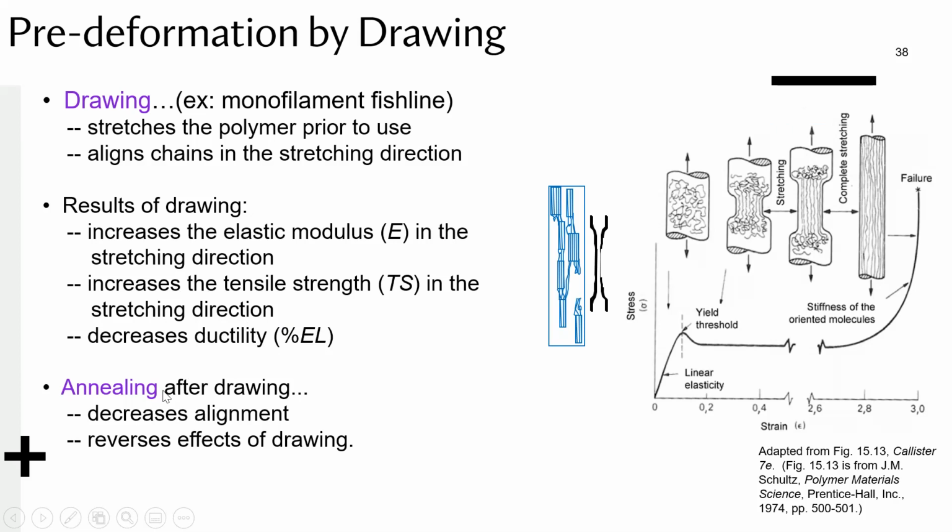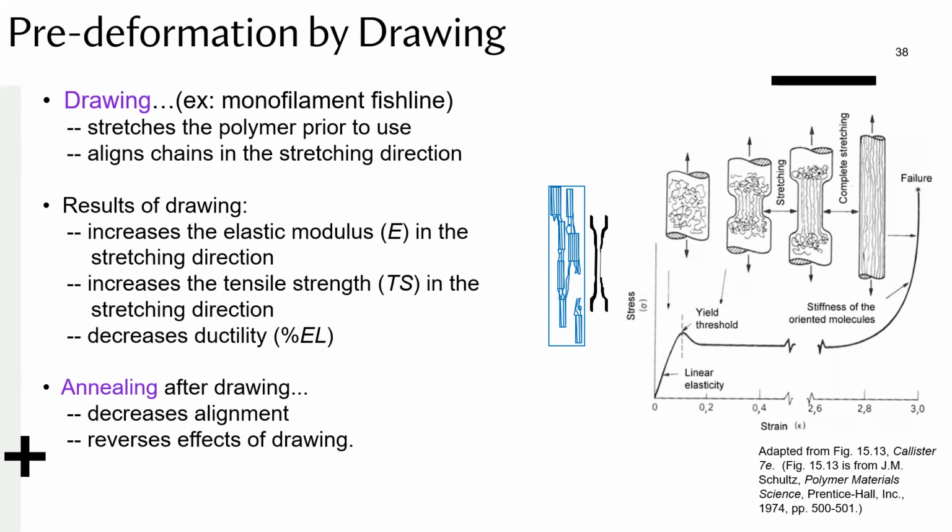Another process here is annealing. And you typically do this after drawing. Now, annealing belongs to the family of thermal processes on polymers, and we will look at that in detail in the next lecture. But for now, I'm going to tell you that they use annealing, which is a thermal process, after drawing to relax it a bit.